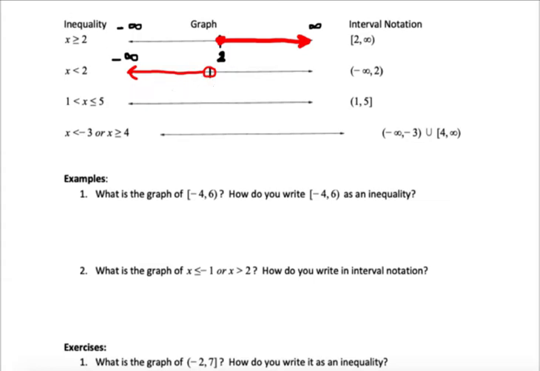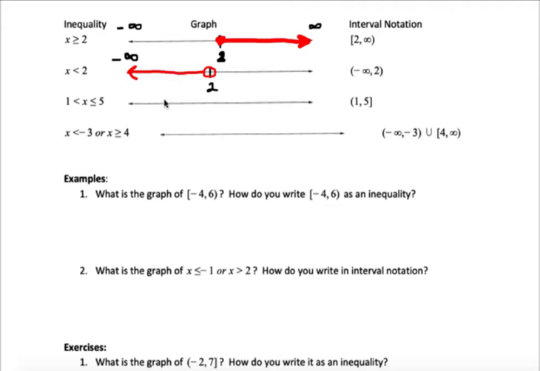We use parentheses when we don't include a number. Here we included 2, we used a bracket. Here we did not include 2, and we used a parenthesis. Infinities always get parentheses because infinity is not a number. It's just this idea that they keep continuing. So whenever you have an infinity symbol or negative infinity symbol, you're going to use a parenthesis.